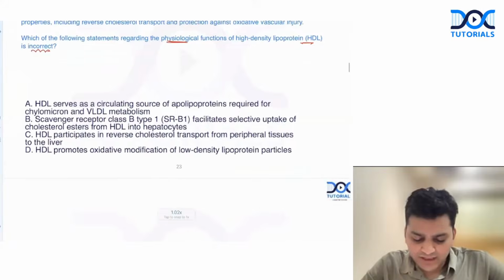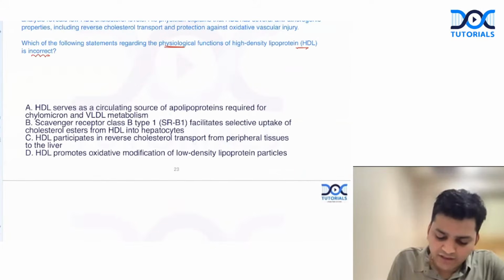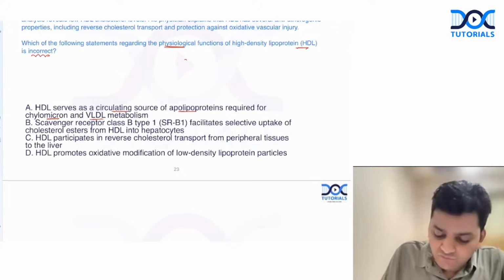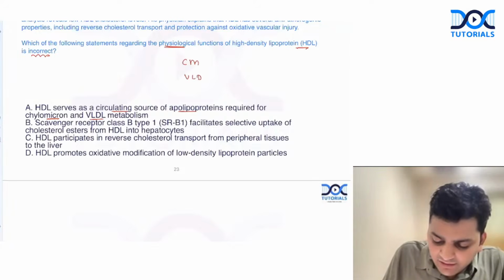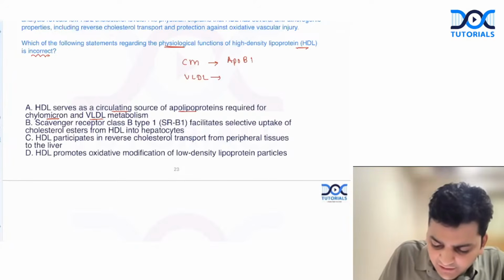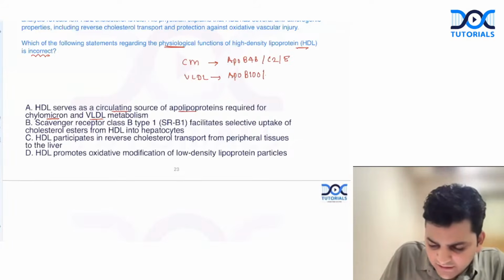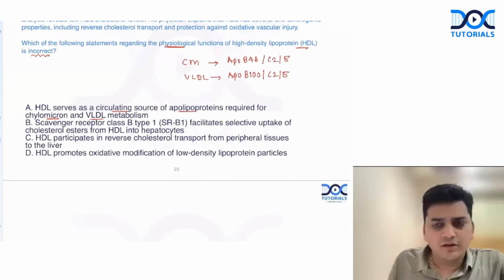So the first option they are saying is HDL is serving as a circulating source of the apoproteins which are required for the chylomicrons and VLDL. See, the chylomicrons and VLDL, which apoproteins do they require? They require ApoB48, C2, and E. VLDL requires ApoB100, C2, and E. And you know what?